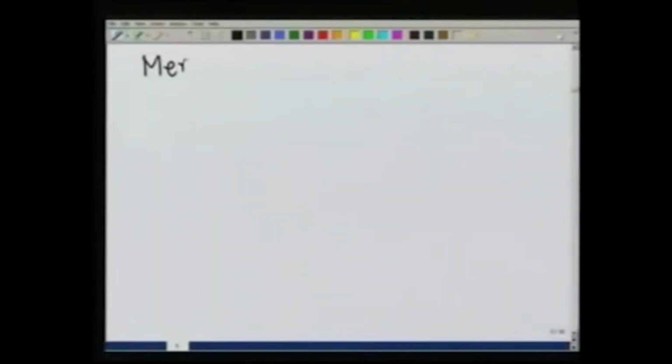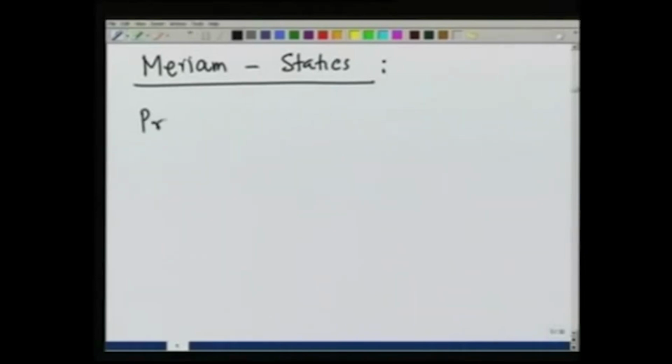Having done all this, let me now solve 2 or 3 examples for you from the book of Meriam. As the first problem, let me take, the problem is like this.